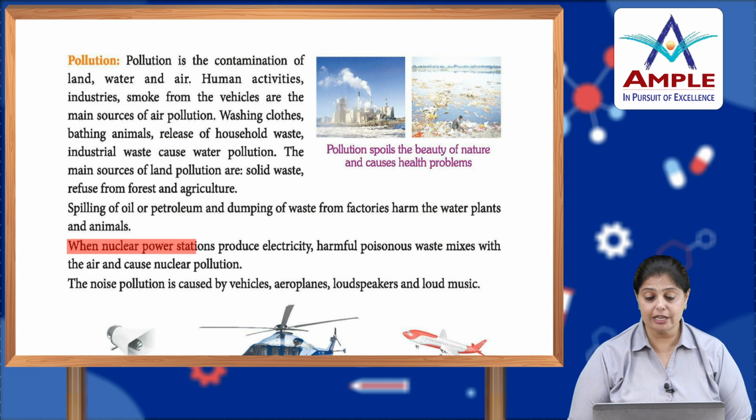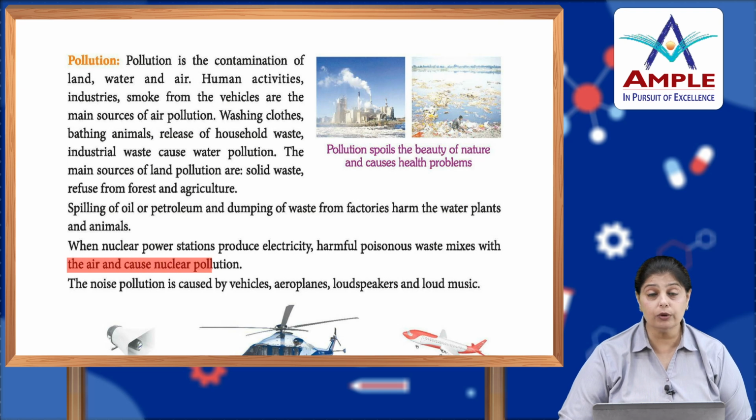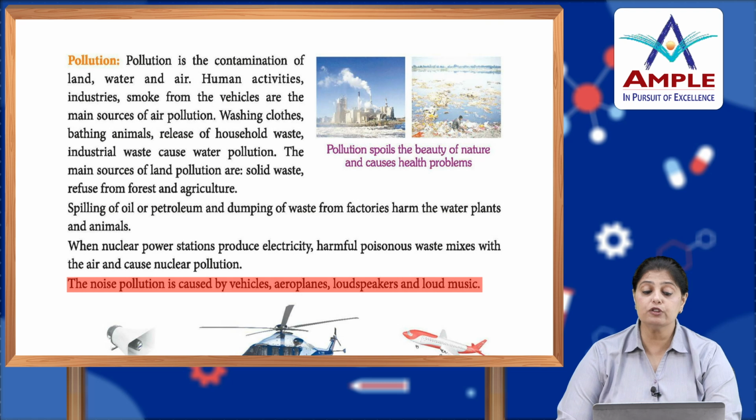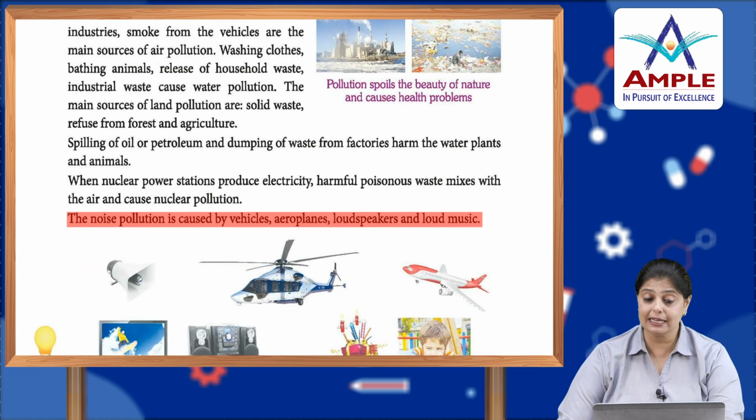When nuclear power stations produce electricity, harmful poisonous waste mixes with the air and causes nuclear pollution. Noise pollution is caused by vehicles, aeroplanes, loudspeakers, and loud music. So these are different types of pollution that are caused because of human activities.